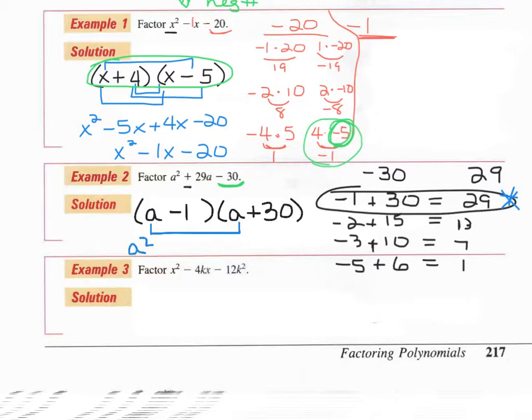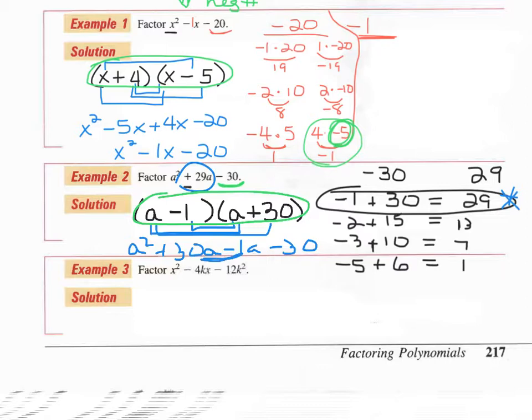So first is A squared, 30A, -1A, and then -30. Again, when you group the middles, you do get the positive 29. So the correct answer is A - 1 and A + 30.